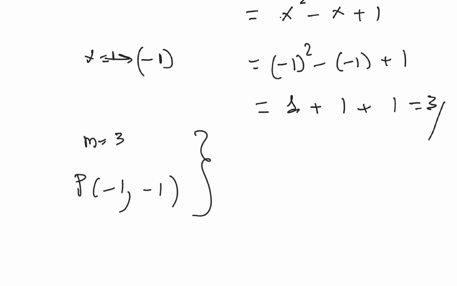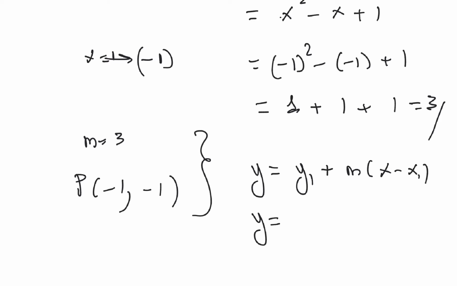What is the equation of the line that passes through the point (-1, -1) with slope 3? The equation is y equals y1 plus m multiplied by (x minus x1). So y equals minus 1 plus 3 times (x minus (-1)).